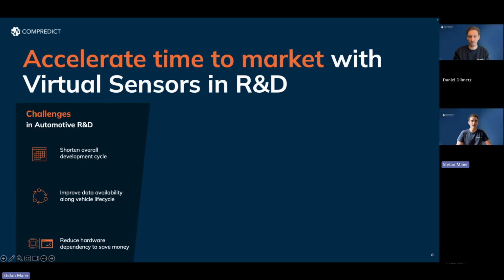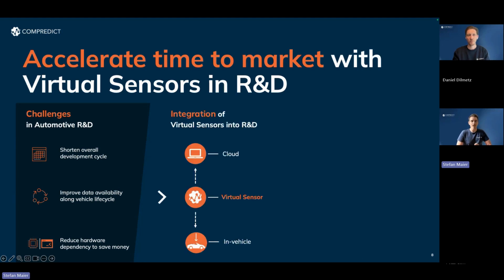The third challenge is really to decrease the hardware dependency in today's automotive environment and integrate software and virtual testing opportunities the best way possible. And how you could do this is, of course, by integrating virtual sensors into R&D. With this technology, you can really face these challenges and overcome them.